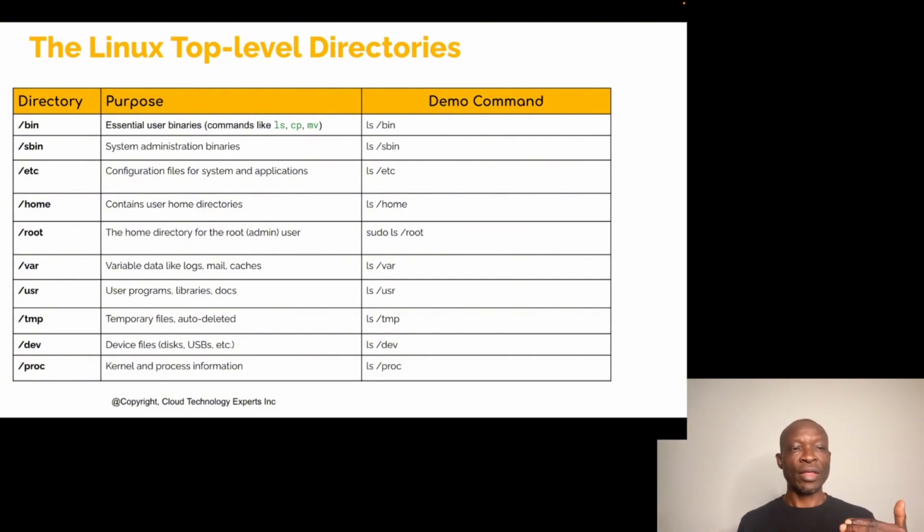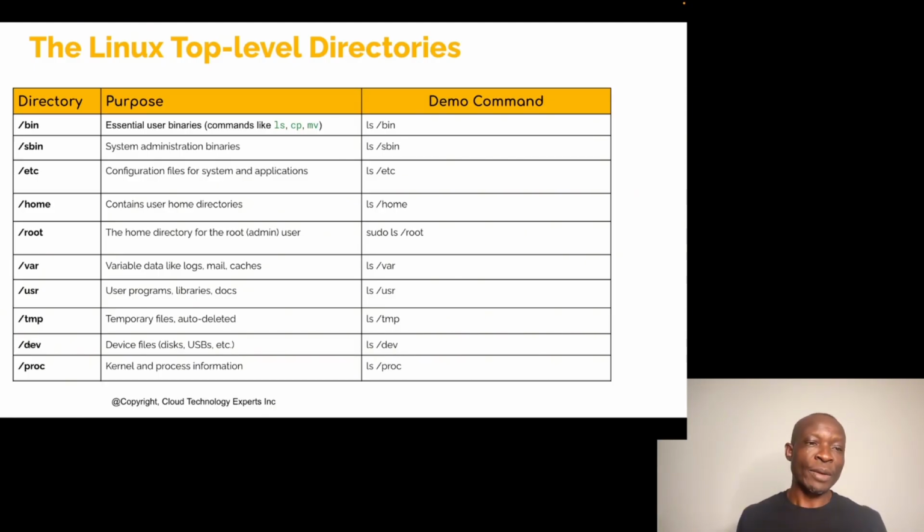So pretty much, these top-level directories, they follow a standard format for Linux. And in fact, there's a white paper written on this called the Linux file system directory structure. So the idea here is that it doesn't matter which Linux environment or Linux distro you're using, if it's Ubuntu, CentOS, Red Hat, whatever, these directories that we have over here, bin, sbin, etc, home, root, var, usr, tmp, dev, proc, these are all going to be available in every Linux environment.